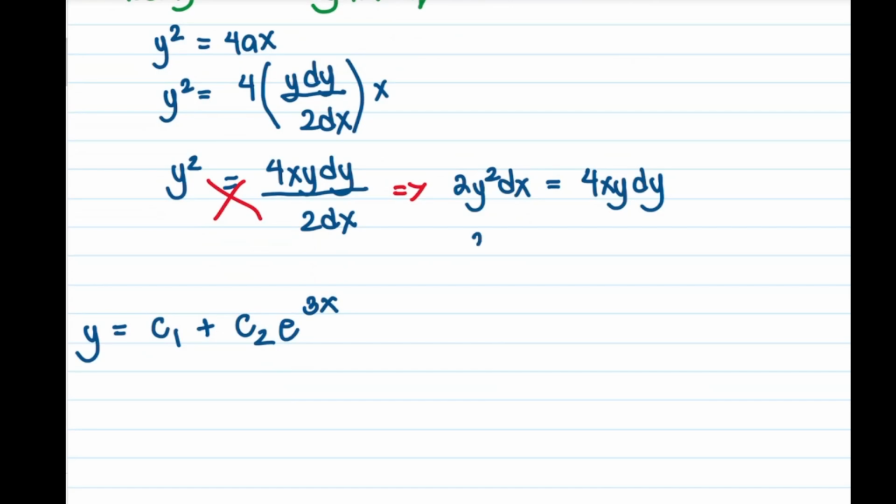Then this one will be 2y squared dx minus 4xy dy equal to 0. So we can divide both sides by 2y. So this one will be 1 over 2y.